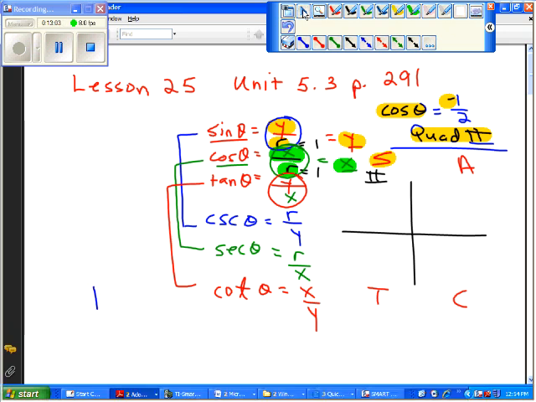Well, because in a 30, 60, 90 triangle, the short leg is 1, the hypotenuse is 2, and the long leg is square root of 3. That's that ratio you learned from geometry.